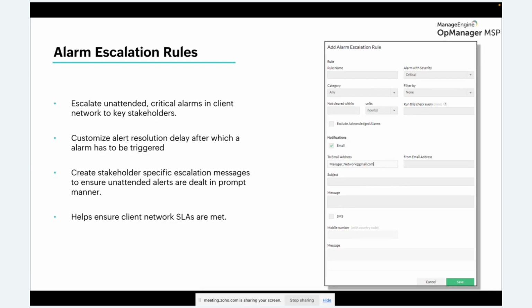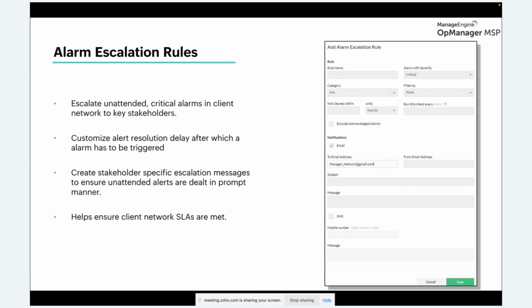With OpManager MSP, you can effortlessly customize the alert resolution delay after which an alarm has to be triggered. Stakeholder specific alarm escalation messages can also be created. This helps to make sure all the alerts are cleared without much delay. This feature also helps MSPs to ensure client network SLAs are met.